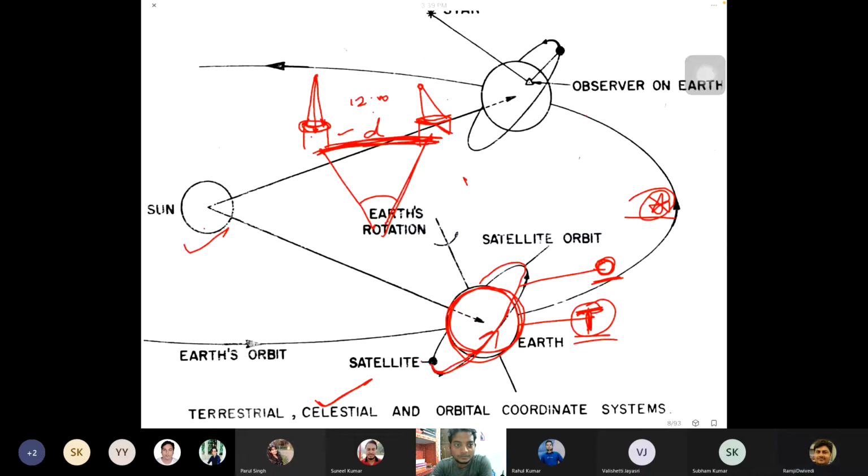Okay. So because of this, your geodesy domain has become somewhat interrelated, but it has a foundation, that is the reference frame.